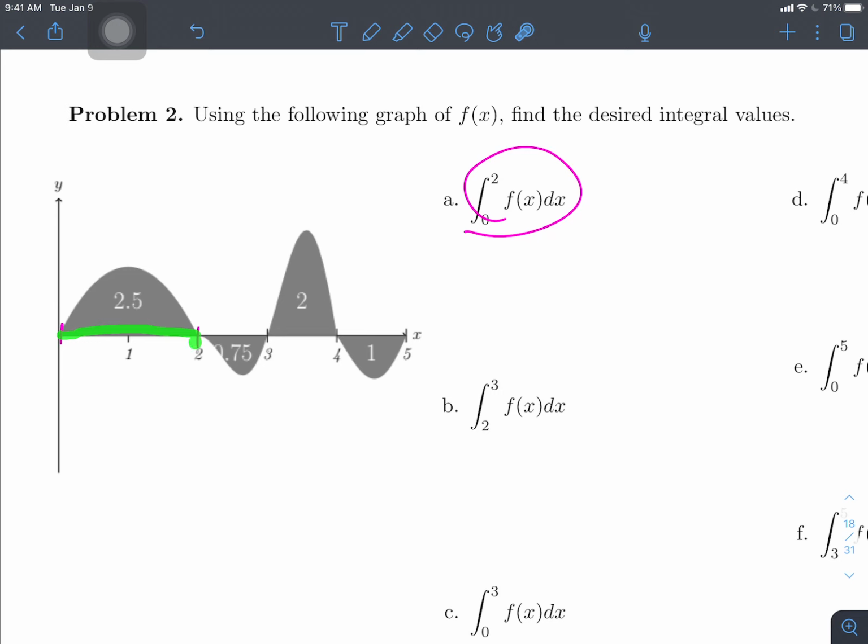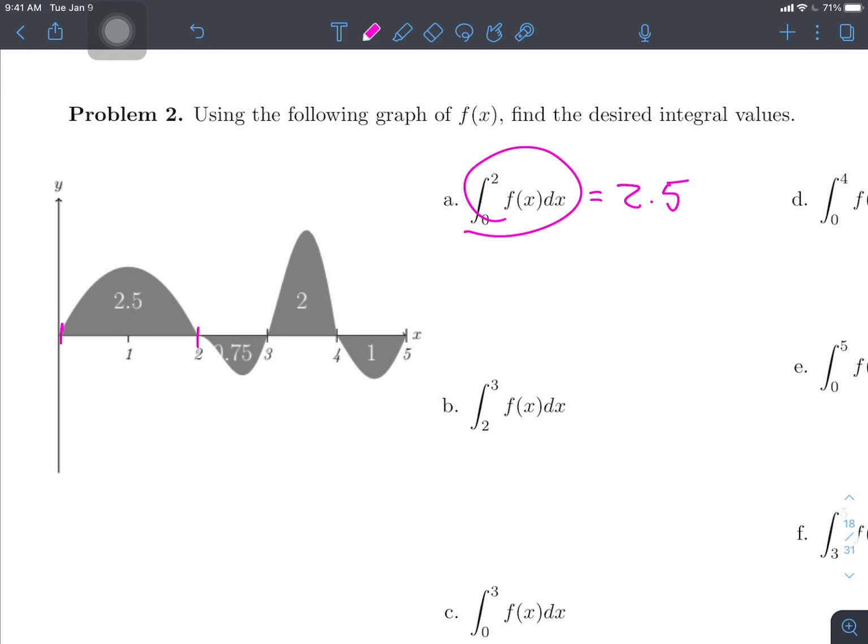So I have all positive area, right? So in this case, this represents the area underneath the curve from 0 to 2, which is exactly visualized here with green. And it's given by just whatever that area is. It's marked on the thing. We get 2.5. Questions on the first one?